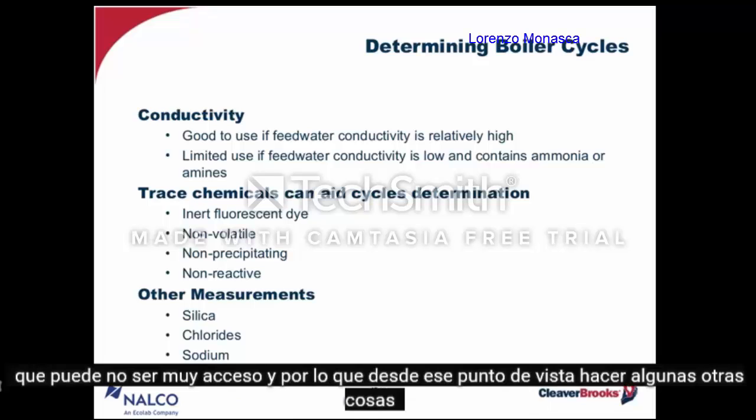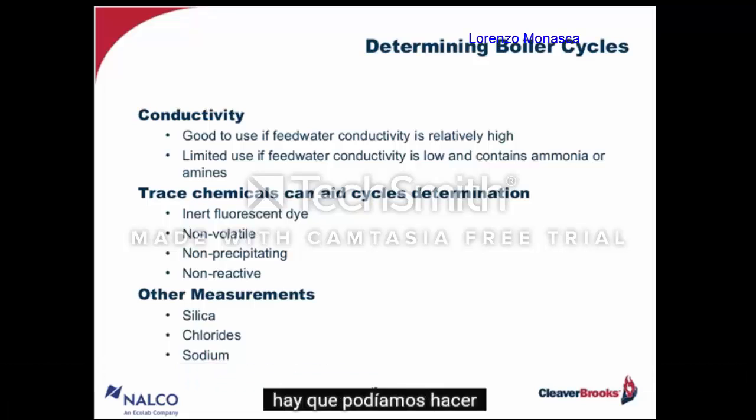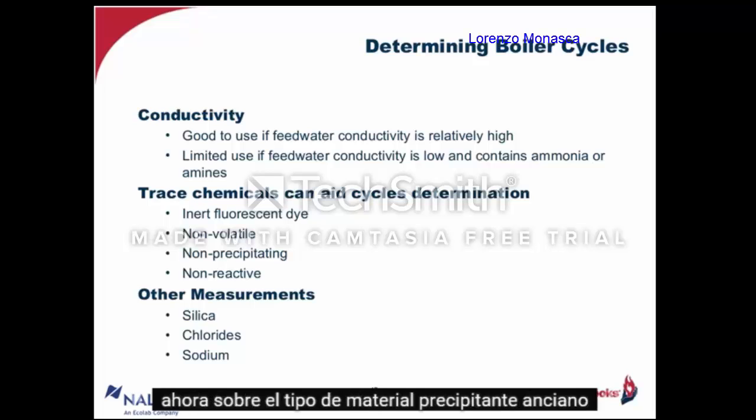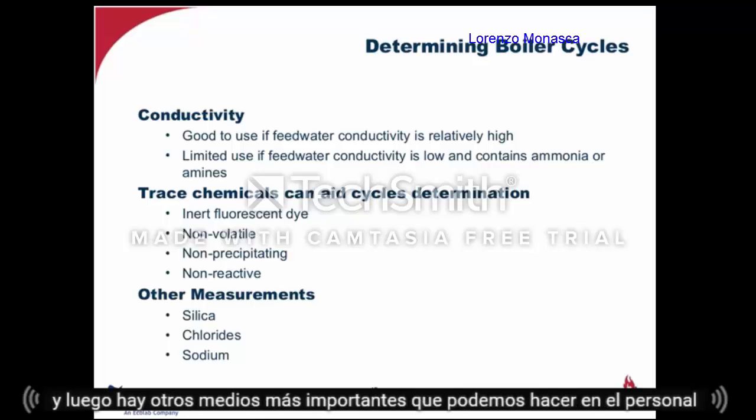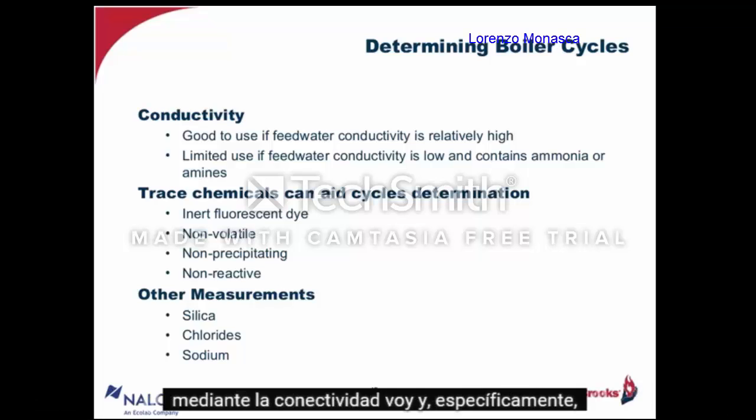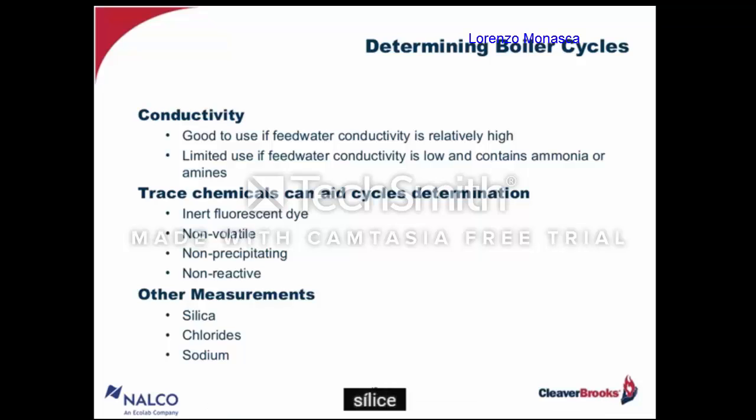And so from that standpoint, there are some other things out there that we can do. We can use trace chemicals for cycles determination. Those tend to be inert, non-volatile, non-precipitating type materials. And then there are some other measurements that we can make instead of using conductivity. And specifically, again, for cycles determination, some people will look at silica.